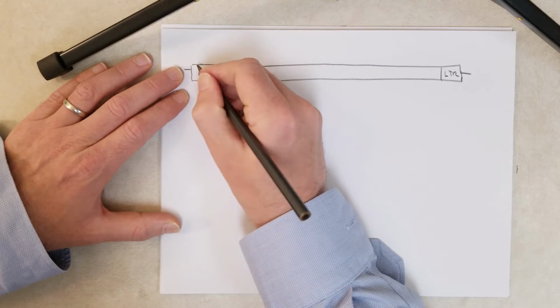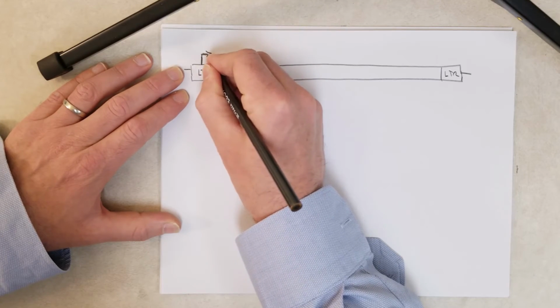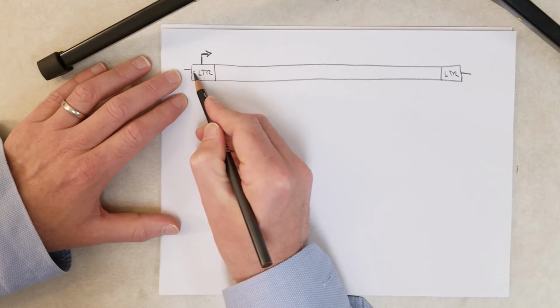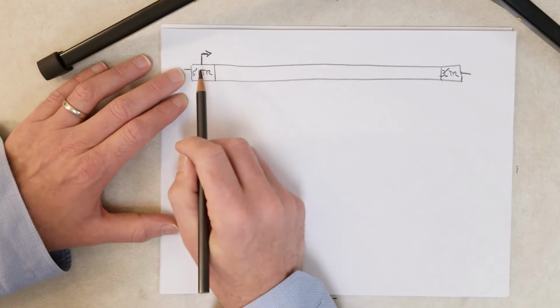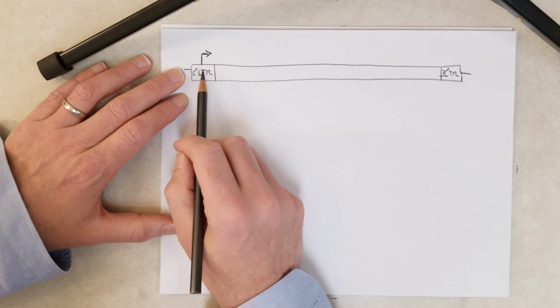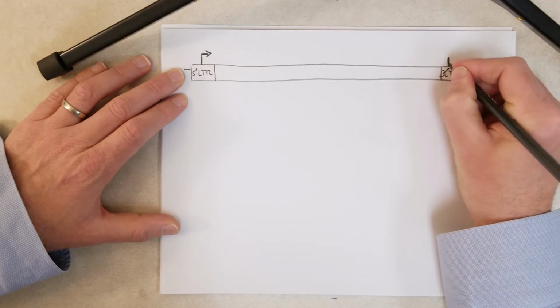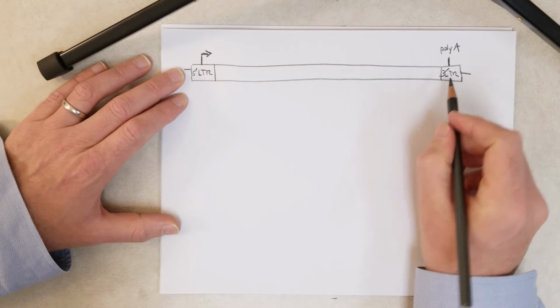So there's a transcription start site in this LTR. We're going to call this the 5' LTR. There's a transcription start site, let's say about 1/3 of the way into this LTR. And then there's a stop site. Well, the poly A addition site is going to be in this 3' LTR.